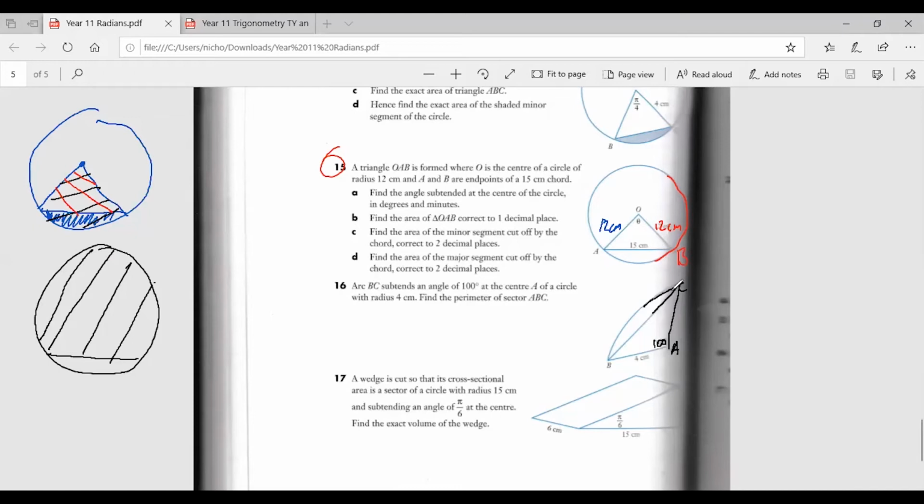Got 14.98. That's perfect. Does that make sense?